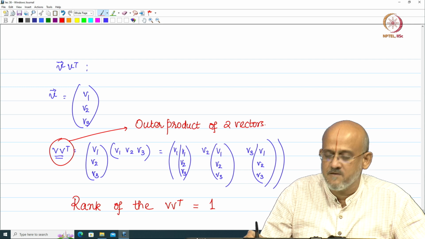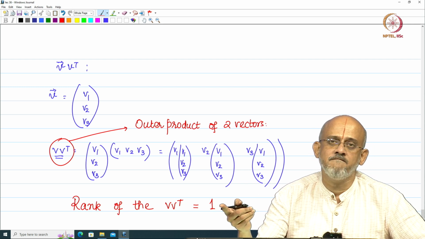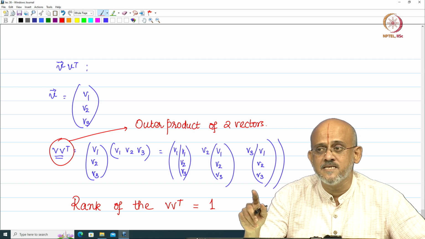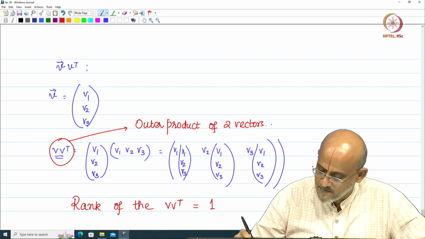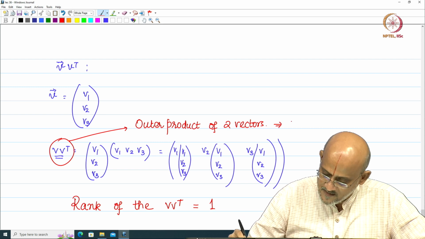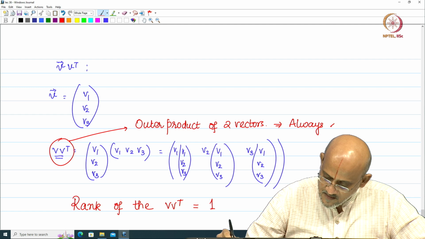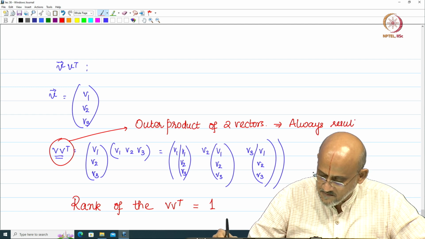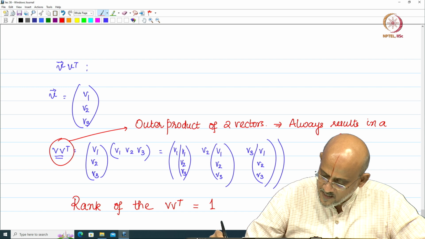The inner product of two vectors gives me a scalar, the outer product of two vectors gives me a matrix, and what is interesting is the rank of the matrix is 1. Is that clear? So the outer product of two vectors always results in a matrix of rank 1.